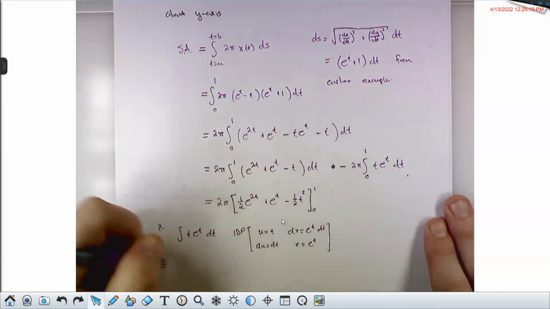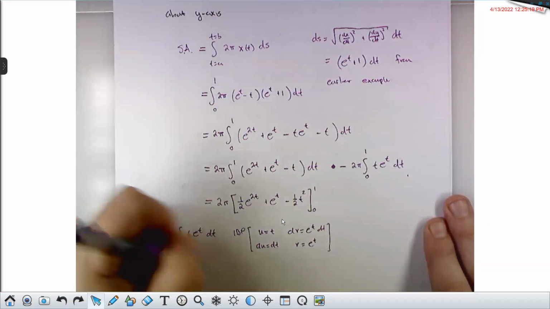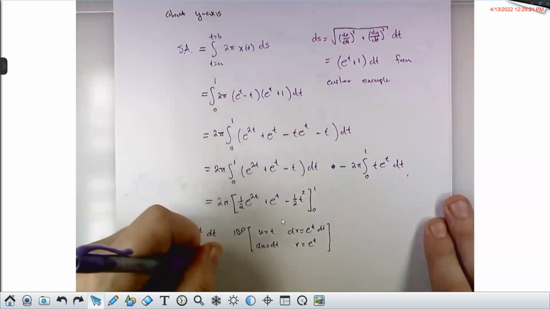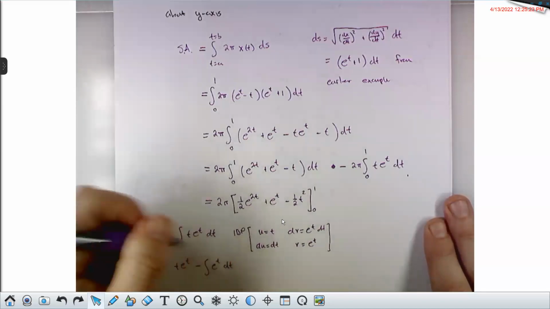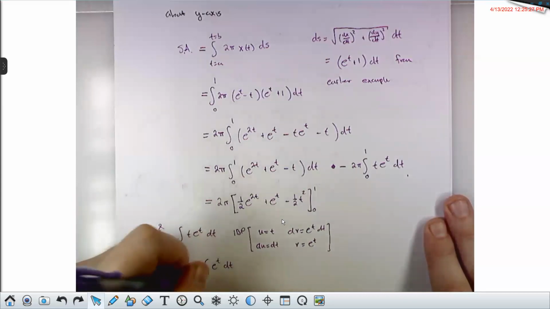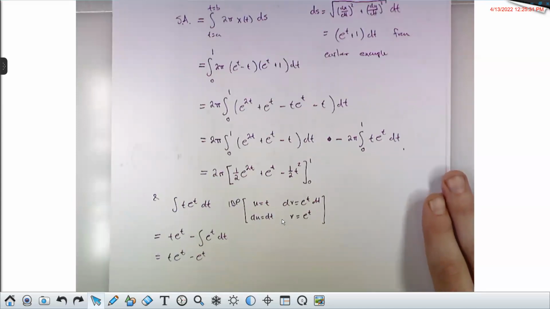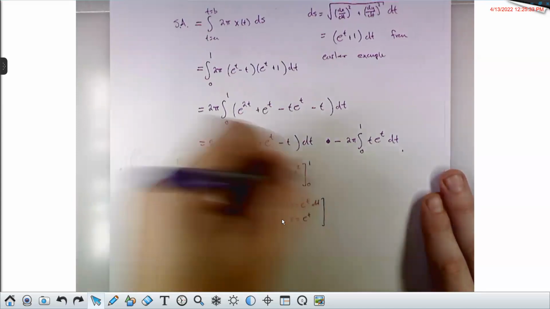So according to my IBP formula, this would be t e to the t minus the integral of e to the t dt, which is t e to the t minus e to the t. And yeah, we would have a plus c here, but I'm doing this as side work.